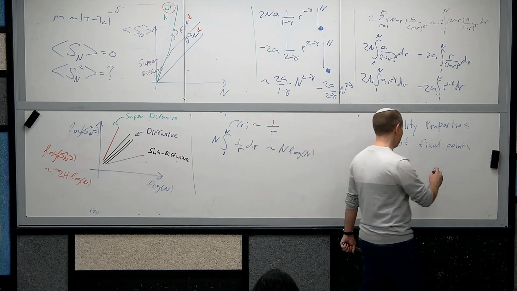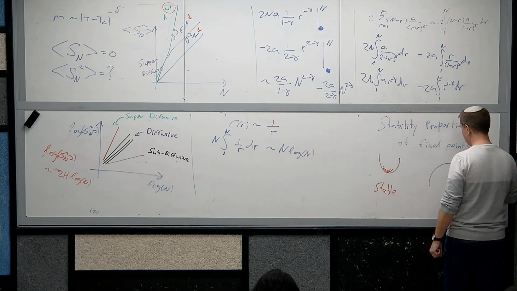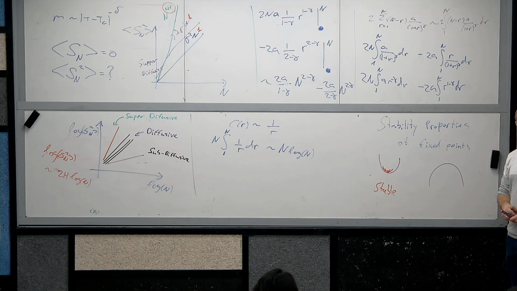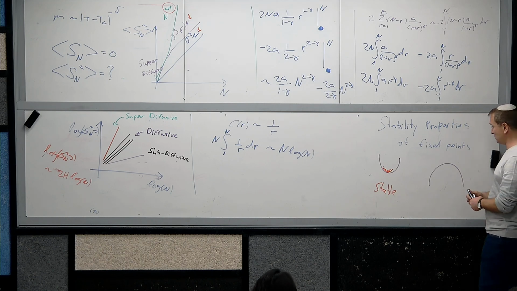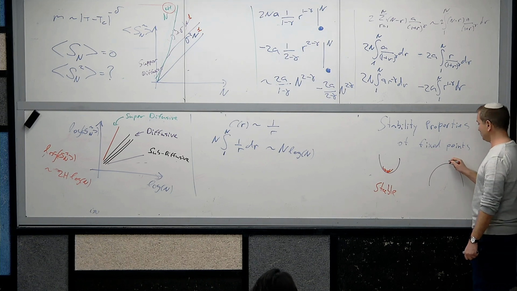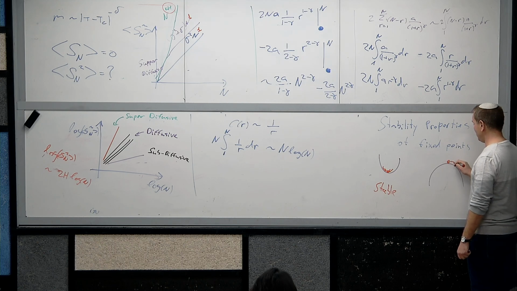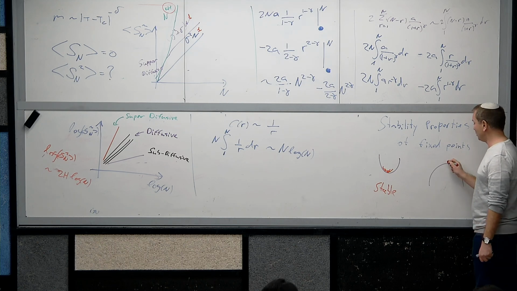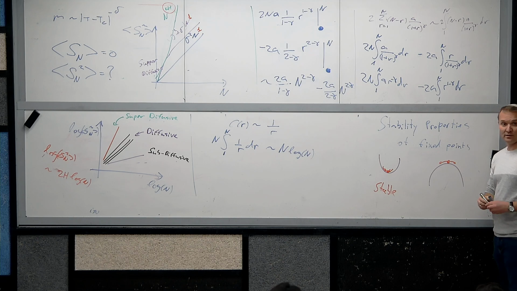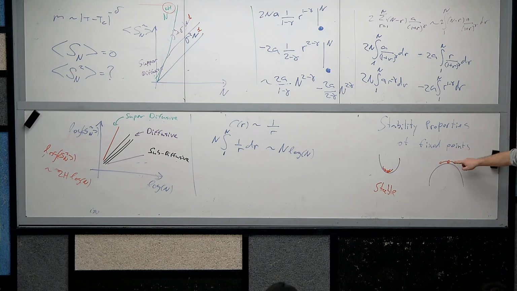There is another description, which is also a fixed point but unstable, where we have such a potential, and this is my particle. If I shift it a little bit to the left or a little bit to the right, the particle is not going to come back to its original point, but will actually escape, either to the right or to the left.